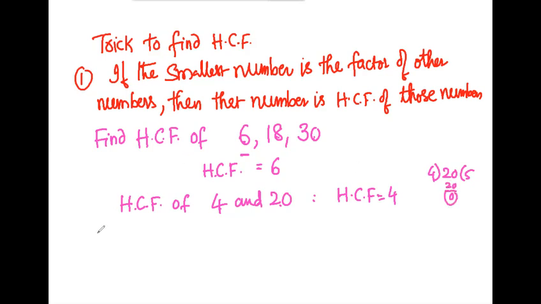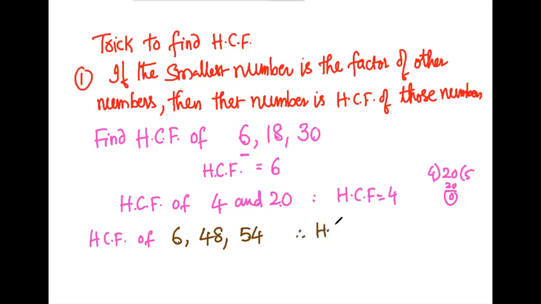Now we take some more numbers. Find the HCF of 6, 48 and 54. Now 6 divides 48, 6 nines are 54.